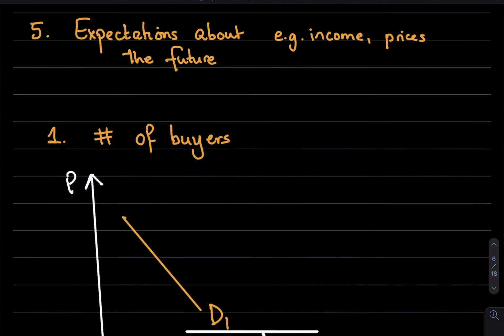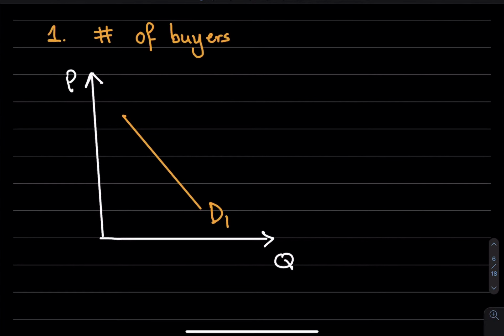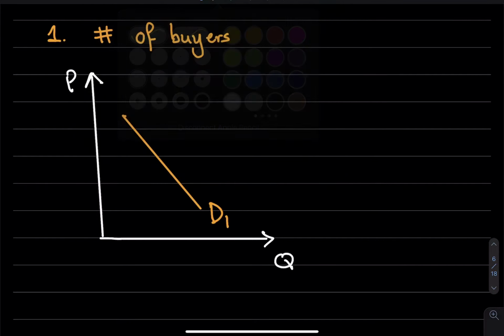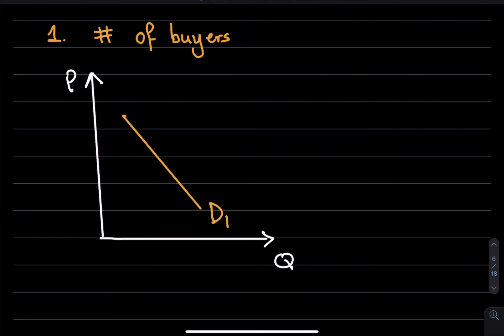Okay, so let's talk about the number of buyers first. Let's think about the first part, which is, what if there is an increase in the number of buyers?